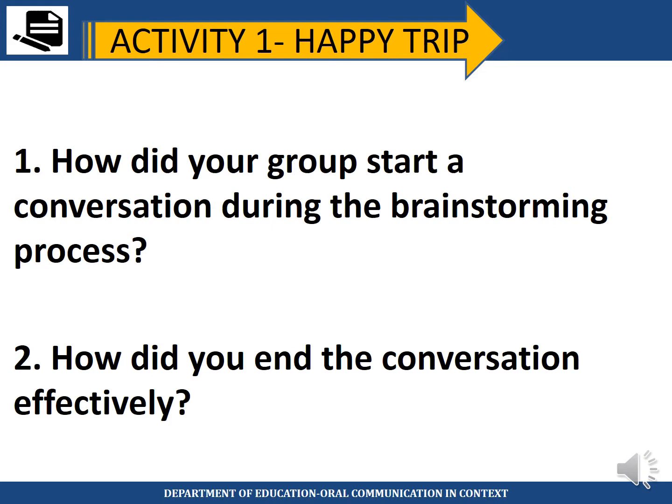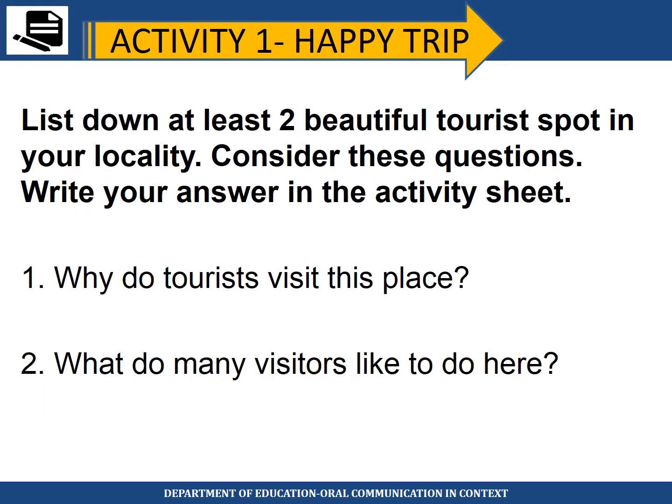Number 2, how did you end the conversation effectively? Now, it's your turn to list down at least 2 beautiful tourist spots in your locality. Consider these questions. Write your answer in the activity sheet.